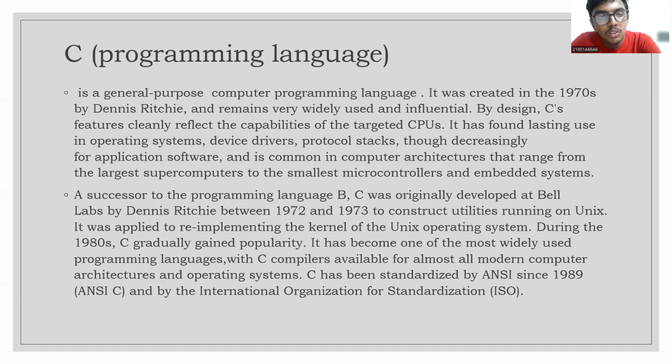The successor to the programming language B, C was originally developed at Bell Labs by Dennis Ritchie between 1972 and 1973 to construct utilities running on Unix. It was applied to re-implementing the kernel of the Unix operating system. During the 1980s, C gradually gained popularity.